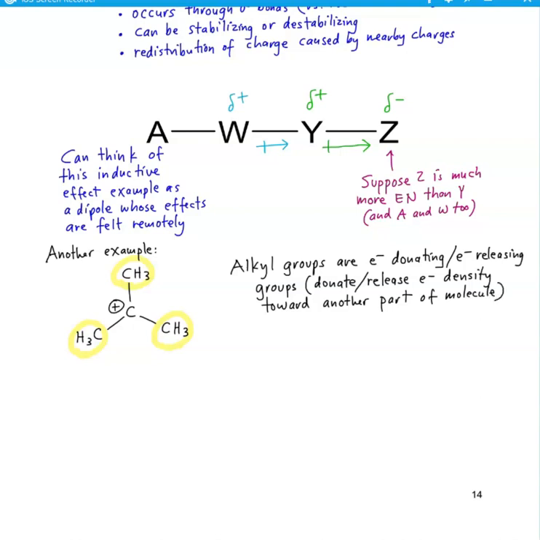Okay, so each of these alkyl groups is releasing electron density through the sigma bonds that join it to the carbon with a positive charge. That's helping to stabilize the structure. So the delocalization that results stabilizes the carbocation. So delocalization of electron density, which is in this case occurring through the sigma bonds, stabilizes this carbocation.